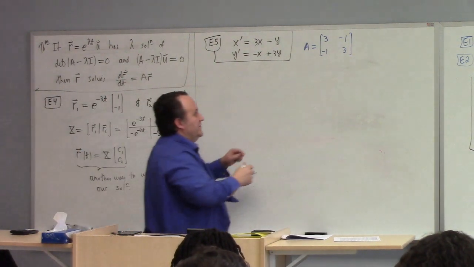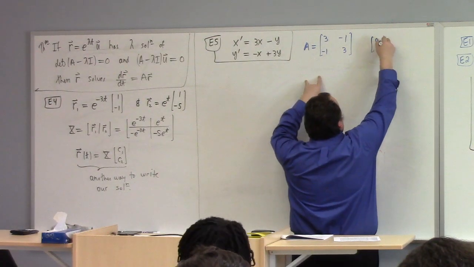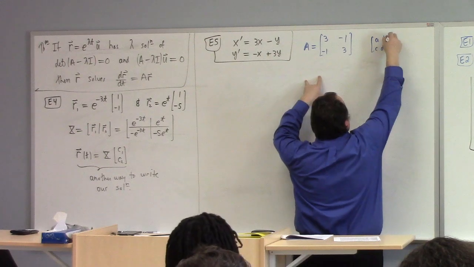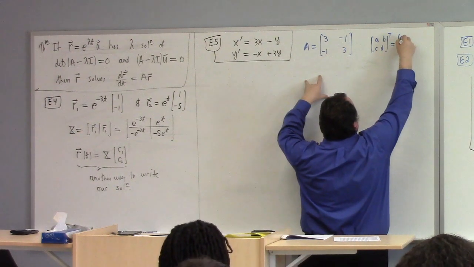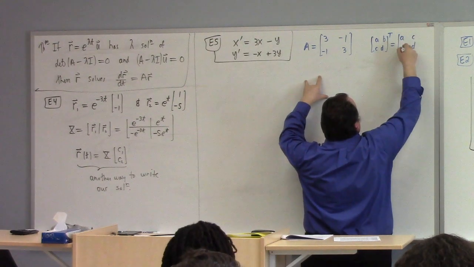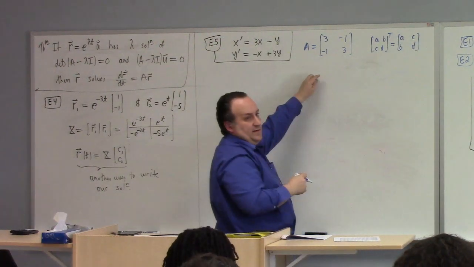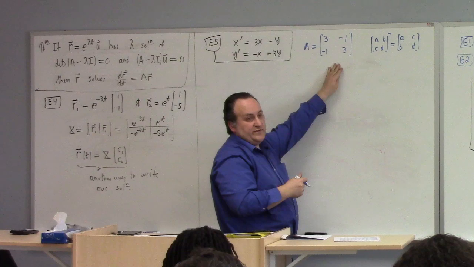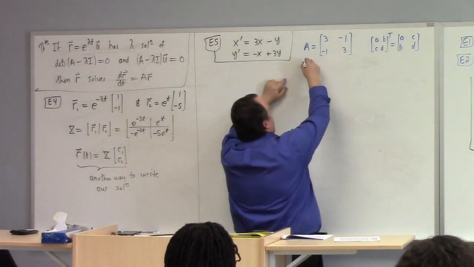If we transpose a matrix, like if I take A, B, C, D and I transpose it, the way that works is I leave the diagonals alone, they just stay put, and the off diagonals flip-flop. That's the transpose of a matrix. This matrix is an example of what's called a symmetric matrix.